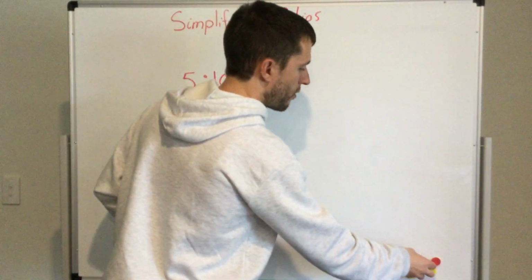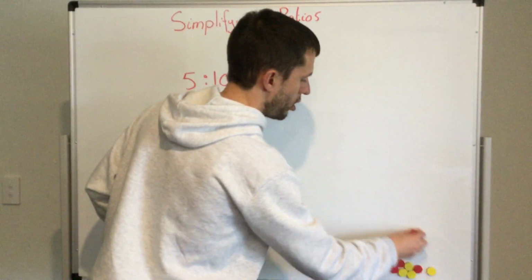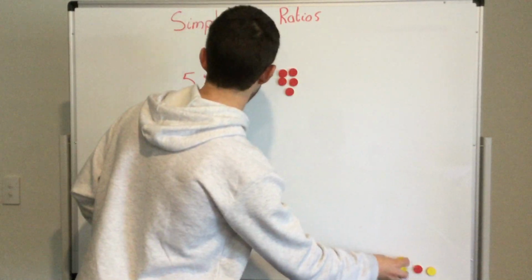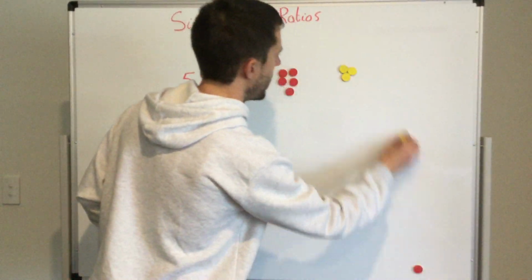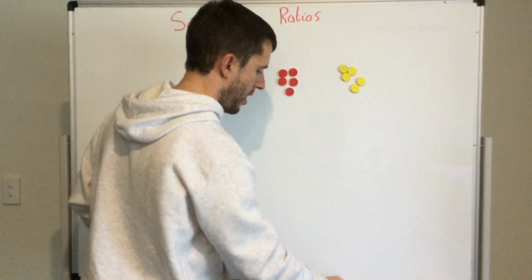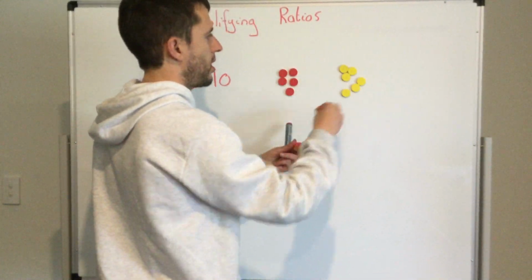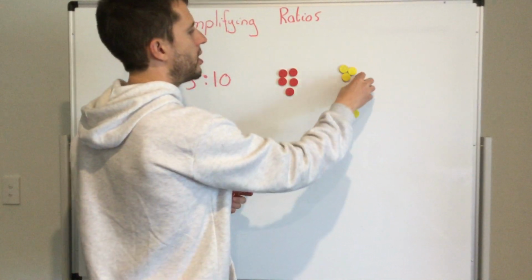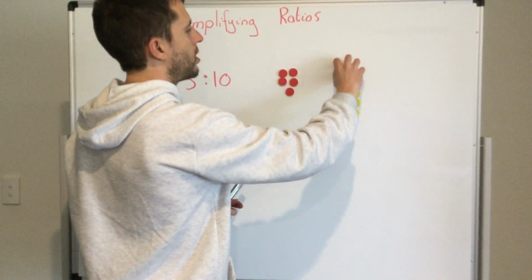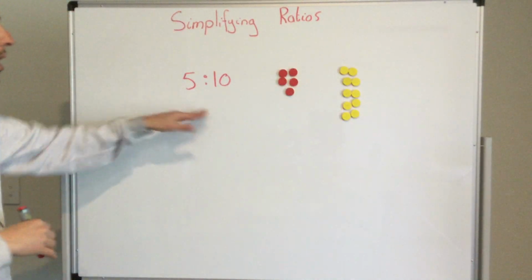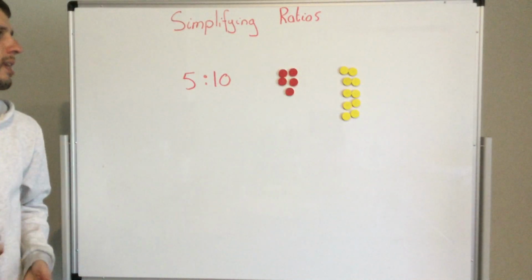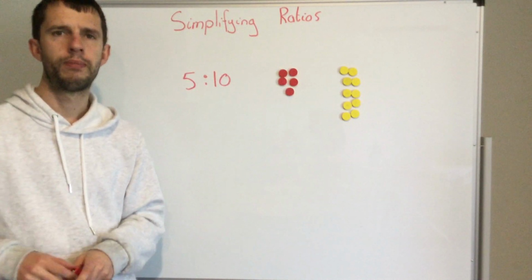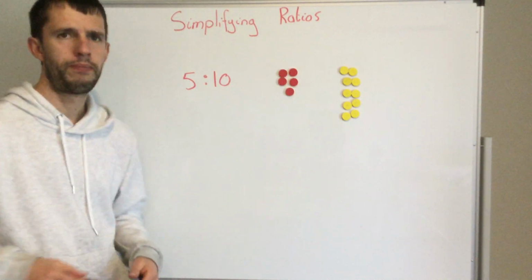So that means I've got 1, 2, 3, 4, 5, and 1, 2, 3, 4, 5, 6, 7, 8, 9, 10. There we go. So I have 5 redheads to 10 blondes. So I've compared. But we can simplify that.